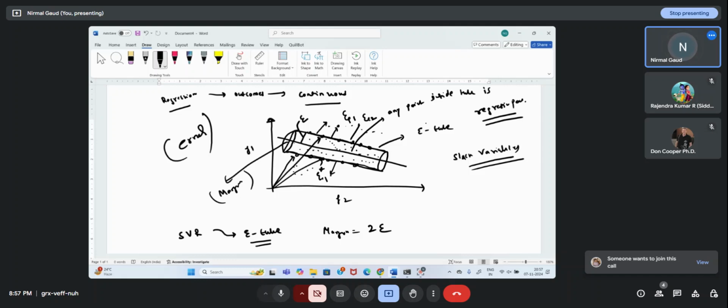Because it's a tube, no? So tube is like a cylinder. So it's 2 epsilon. Or you can say the radius of the cylinder, that is the epsilon. And here is the height of the cylinder. Previously, we call it as hyperplane.